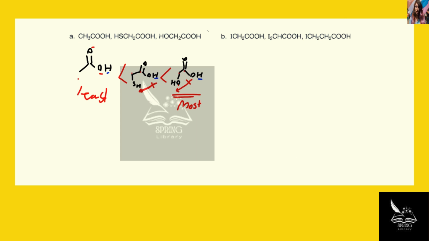So now if we move on to B, if we draw the molecules in B, we see that something similar happens in B as in A. We're interested in the most acidic proton.